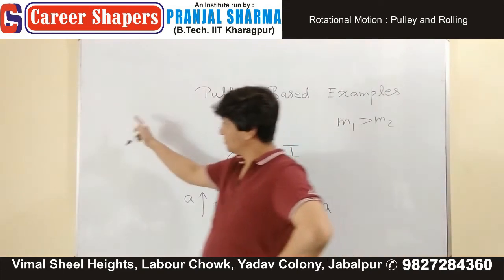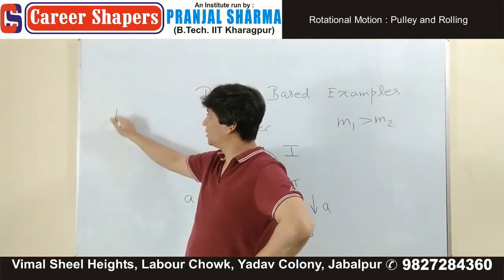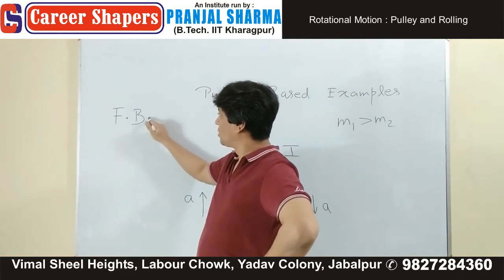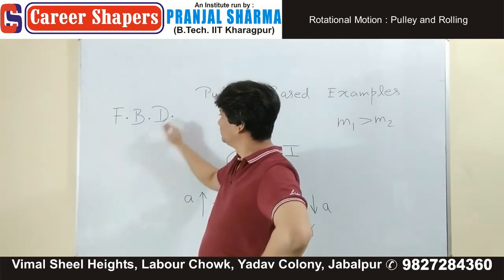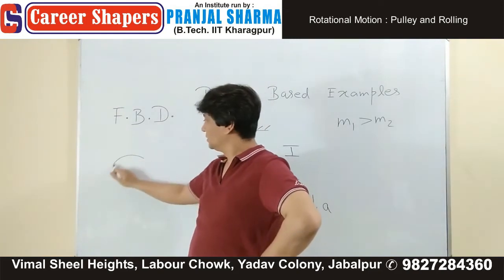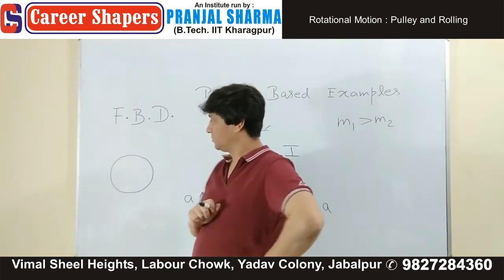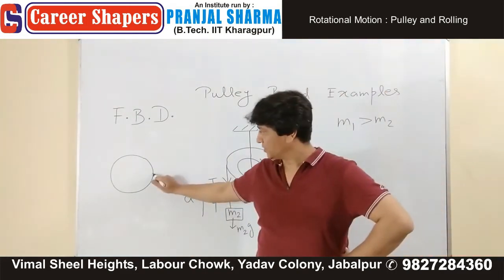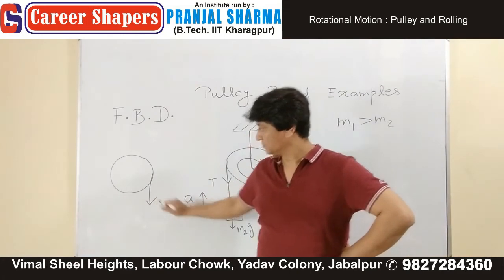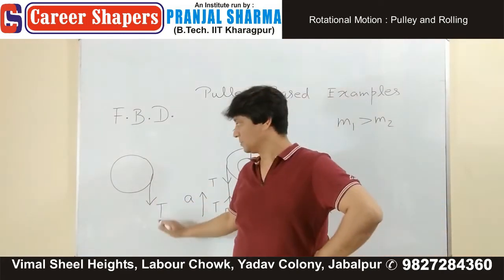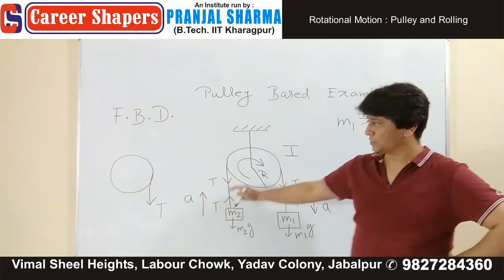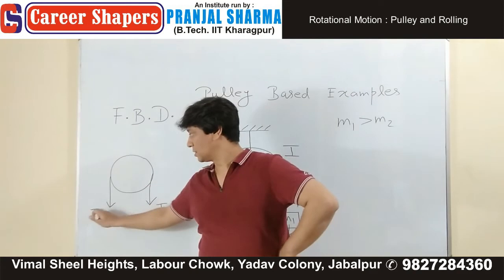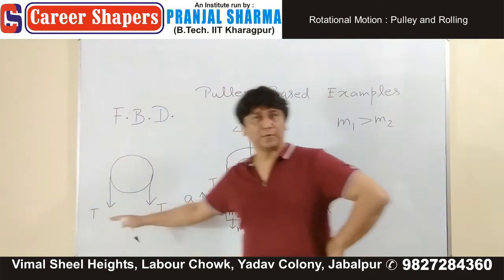Why not? Look at this free body diagram of the pulley only. If you draw free body diagram of the pulley, this tension force is acting in this direction, T. This tension force is acting in this direction, away from the pulley.